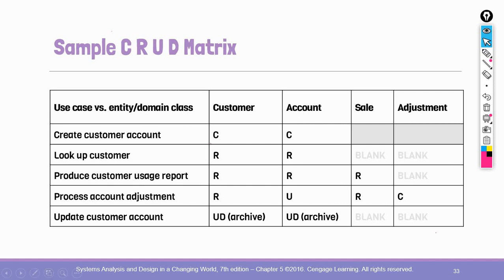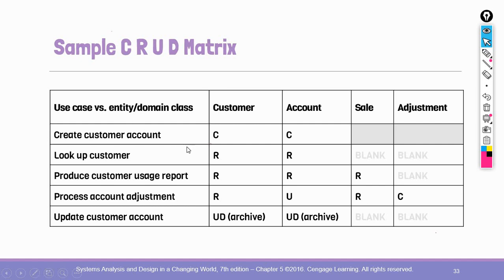So in this table, some of the use cases are matched with domain classes by including C, R, U, or D in the cell corresponding to the role of the use case in terms of data. For example, the use case create customer account actually creates customer data and account data. So the C is included in those two cells.